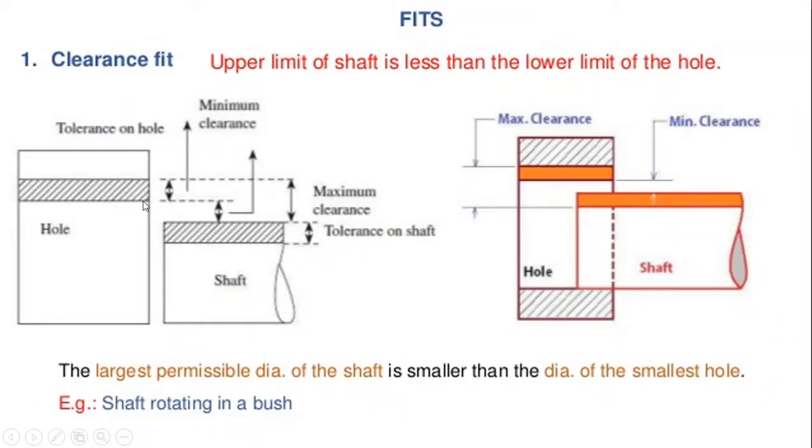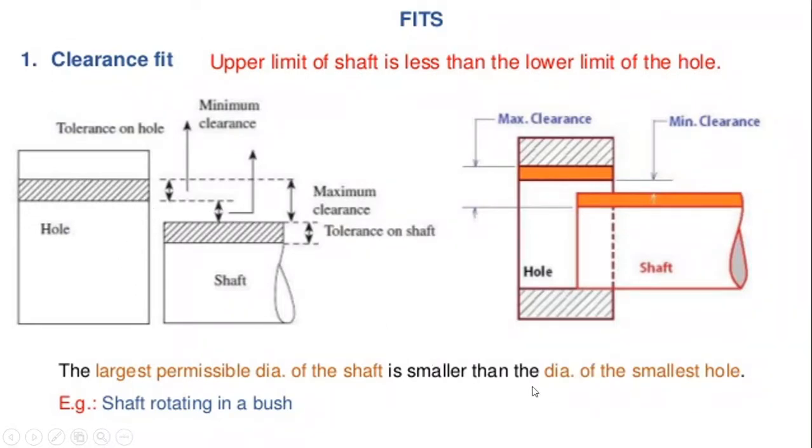So the clearance between the shaft outer diameter and the hole inner diameter is more. Here we can get the maximum clearance. The largest permissible diameter of the shaft is smaller than the hole diameter. So the shaft is smaller than the hole diameter.